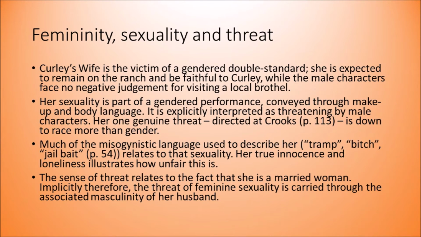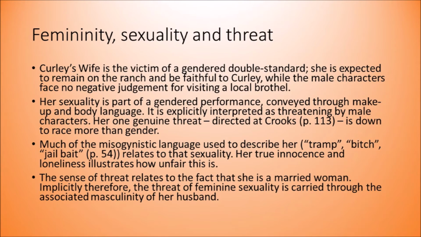And that, in its own way, illustrates that the deck is stacked against Curly's wife from the beginning. She is expected to look attractive and is expected to conform to some gender roles that the men are not. We should bear in mind, though, that we are only told what the narrative chooses to tell us, and if the narrative chooses to focus on hair and makeup and clothes, then that's what we're going to read about.